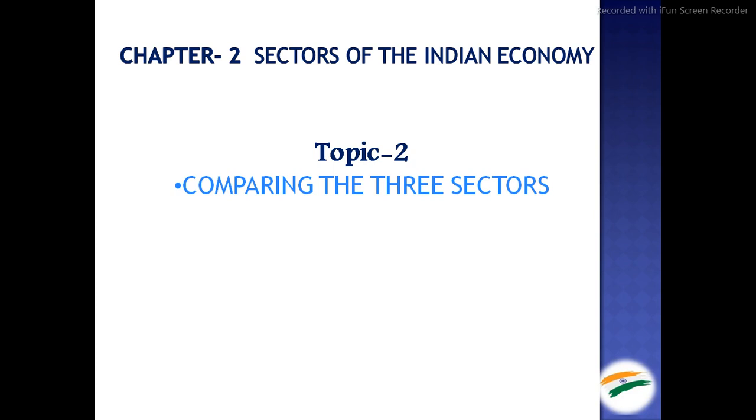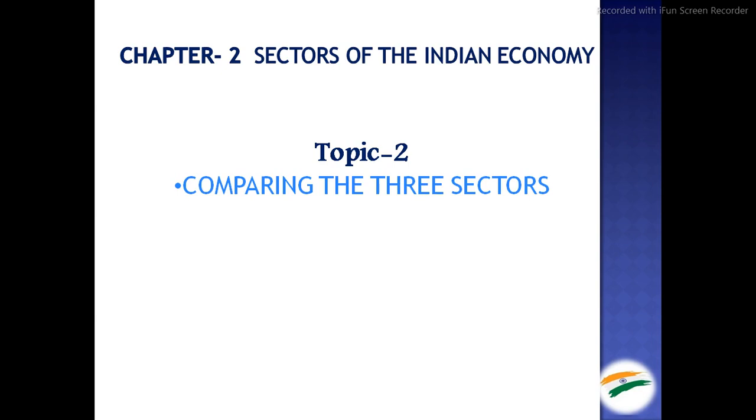First, a quick recapitulation of what we studied in this chapter in presentation number 1 and topic number 1. In topic number 1, we saw the introduction of the chapter, what we are going to study. Second, the three sectors of the Indian economy. First we saw what sectors are. After that, we saw the primary sector, secondary sector, and lastly the tertiary sector.